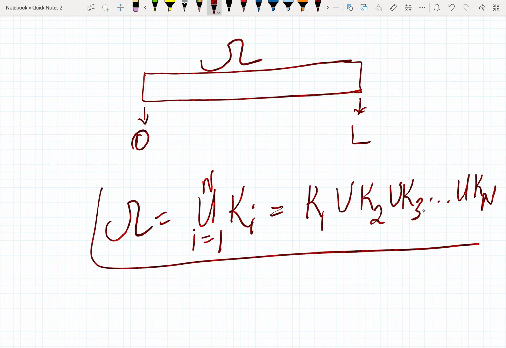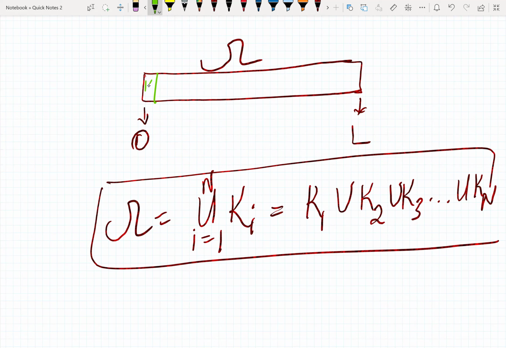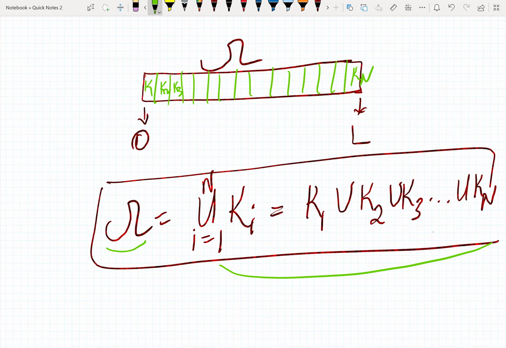So that's us dividing up all of these things now. So you have K1, K2, K3, and we keep dividing like that all the way down until we get to Kn. So the whole domain now is the union of all these components of that domain.